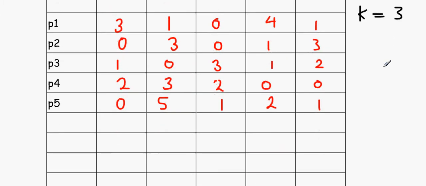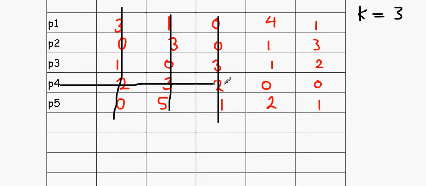So let's make a line going through columns 1, 2, 3, and put a line going through row 4.